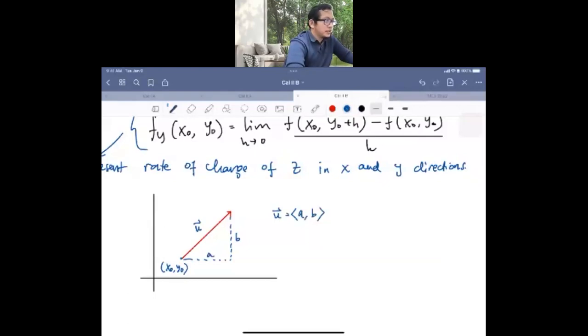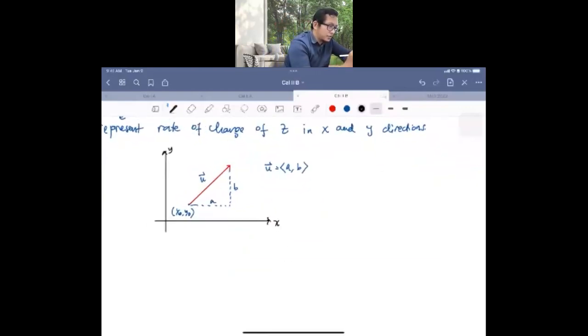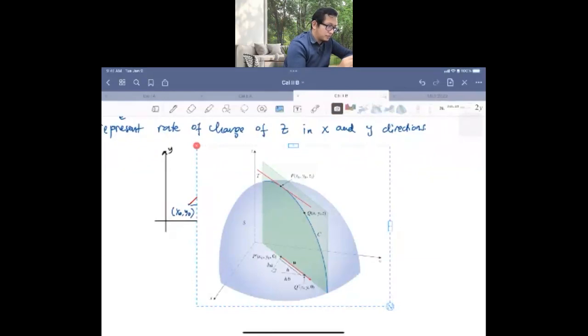Let's consider this vector u. If we have a surface z above this xy plane, and we use this unit vector as our direction, then we can imagine the surface being cut. Let me show you the picture.